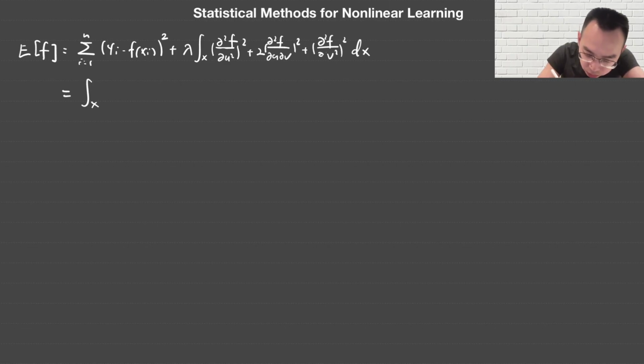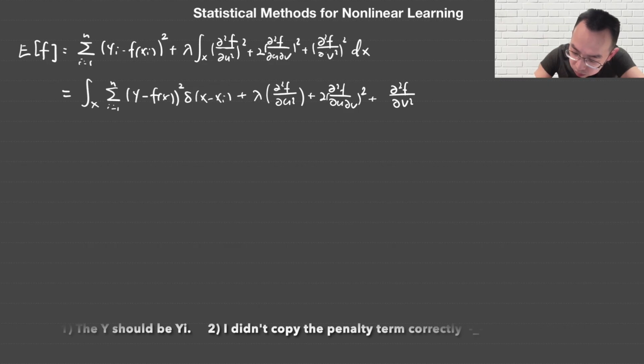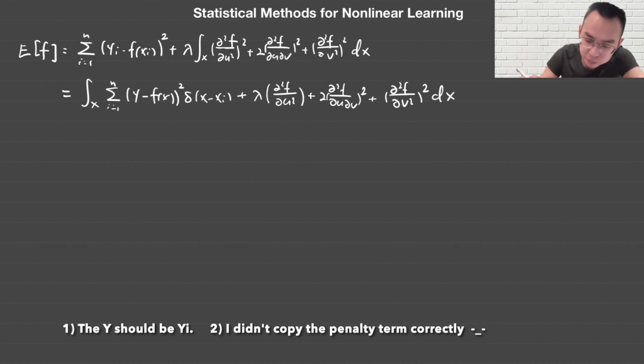For the first part, we can apply the trick with a delta function to write it this way, with the squared term and delta(x minus x_i).